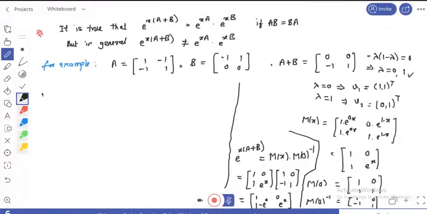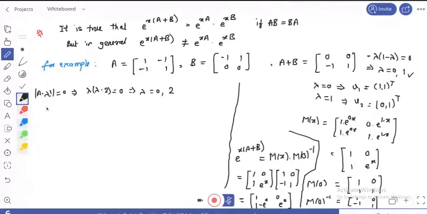So the value of A minus lambda I equals 0. Here you can find lambda into lambda minus 1, lambda minus 2. Okay, so plus 1. So this becomes lambda minus 1 whole square, lambda square minus 2 lambda plus 1. Okay, so here you can find lambda equals 0 and 2.